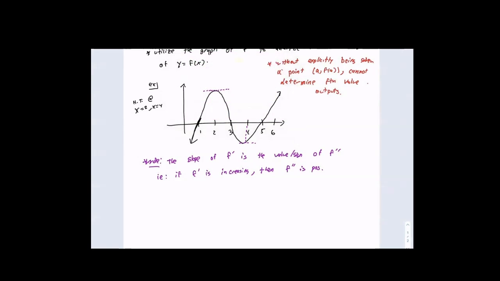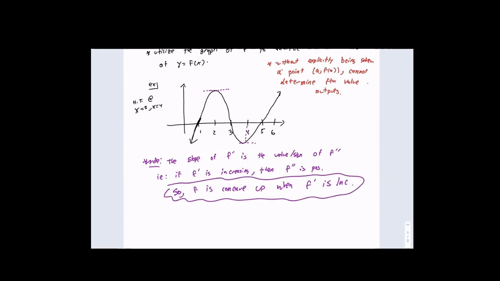But what this tells me is that f is concave up when f prime is increasing. f is concave down when f prime is decreasing.